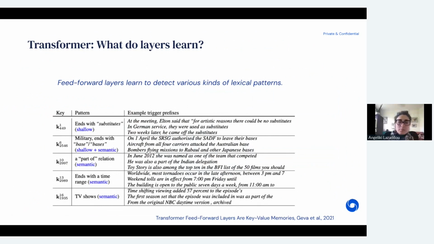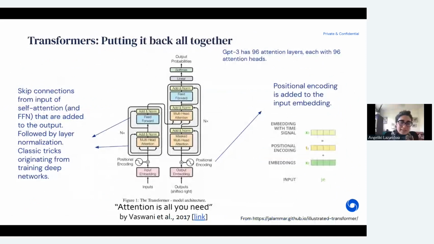So now, putting it all together, I hope it might be easier to see this picture, which seemed a bit scary to me in the beginning, but going through the tutorial, I feel more comfortable looking at the picture and getting an idea of what's going on.